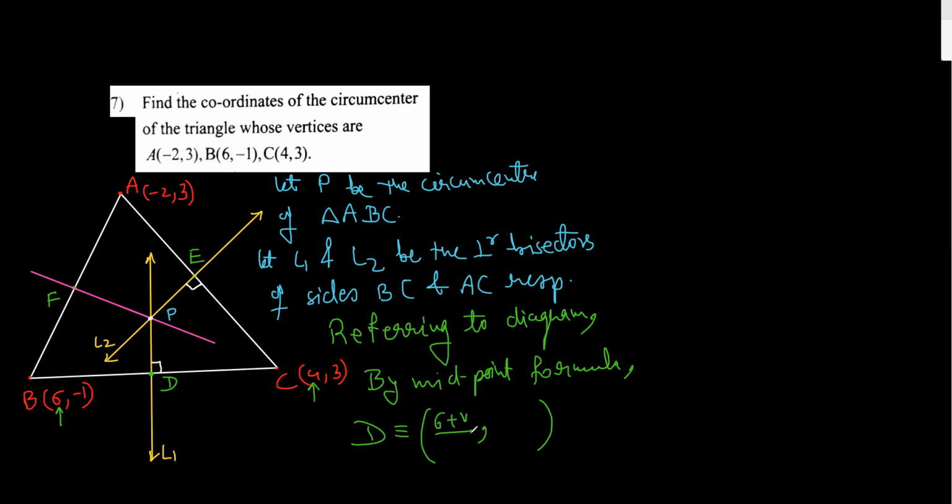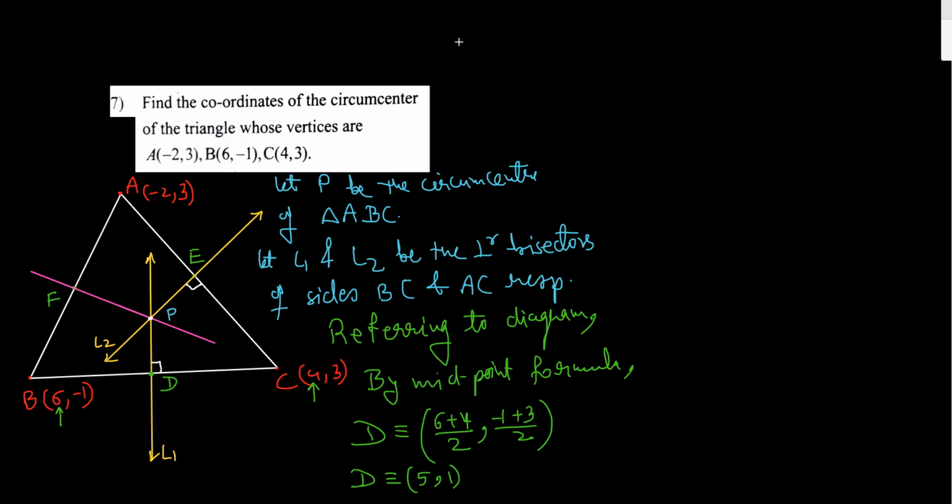So 6 plus 4 upon 2. And the y coordinate of D will be -1 plus 3 upon 2. So what is D? 10 by 2 is 5 and -1 plus 3, 2 by 2 is 1. You understand? 5 comma 1. You got the coordinates of point D.